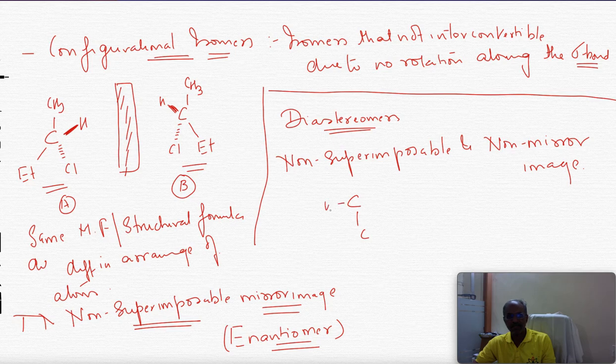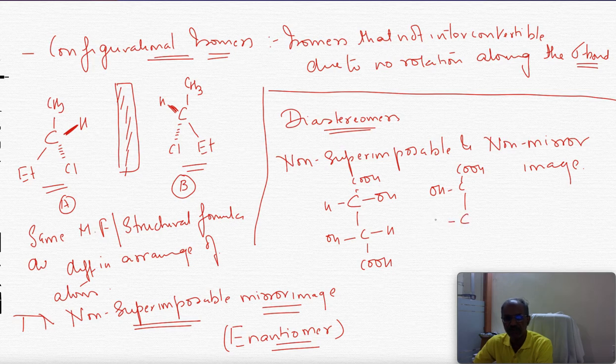Molecular formula and structural formula will be the same, but they will be non-superimposable. For example, H, OH, COOH, and if I take the same thing, OH, COOH, this will be OH and H. So these two are not mirror images, right? Neither is it superimposable.